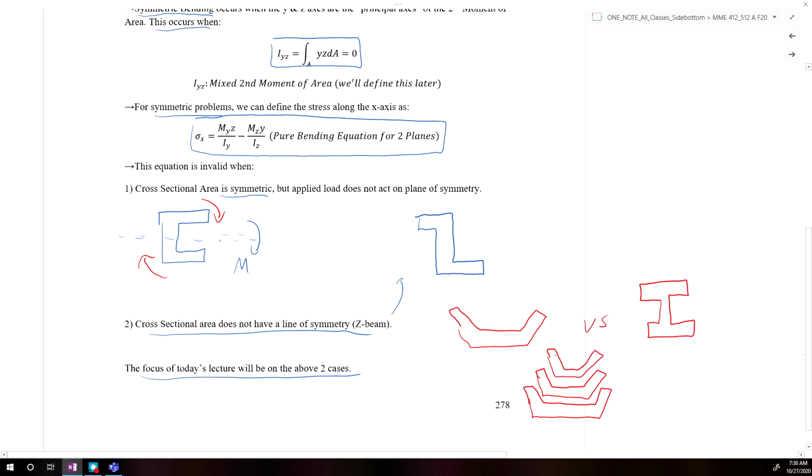Versus for the I-beams, depending on the sizes of their sections, you really can only just stack them up on top of each other. Sorry, cutting off here, but essentially you're going to save a lot of space here versus here.